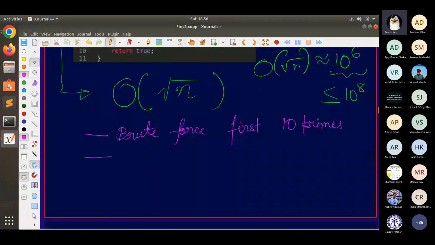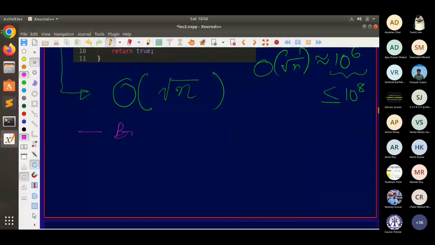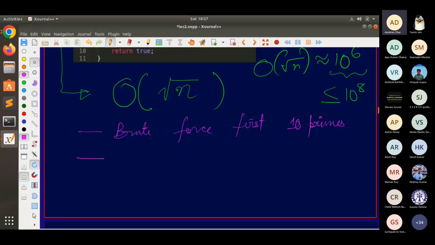Okay, so that would generate a list of the prime numbers. So basically, you have some algorithm like brute force the first 10 primes. Then start from the next number. Let's say p of 10 is the 10th prime, and then you start from this number.